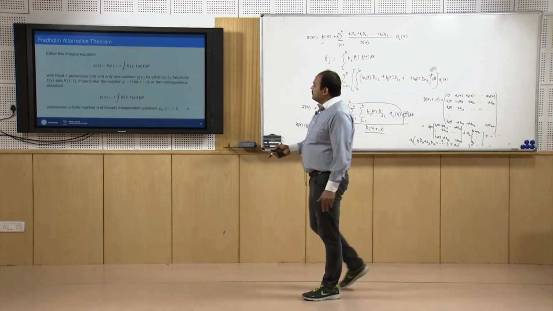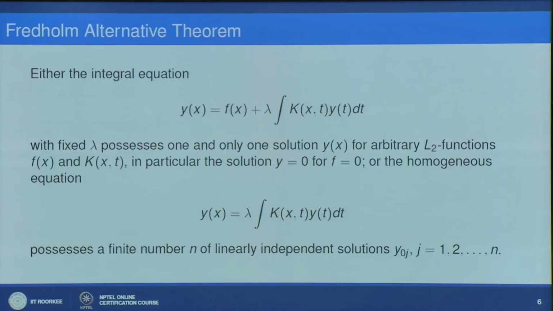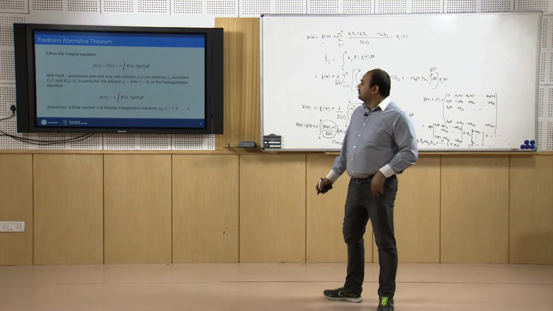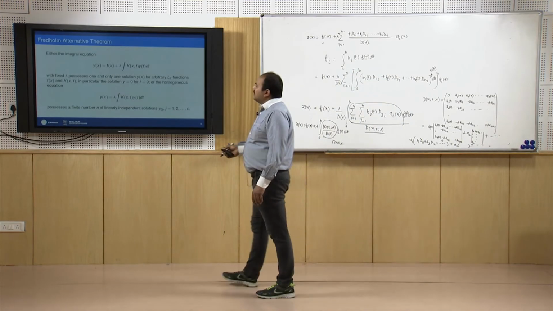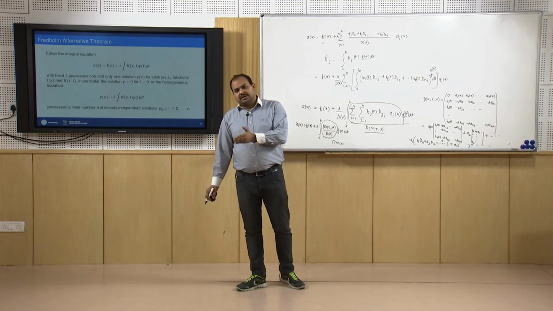Then in that particular case we may have a solution or we may not have any solution. This we have already discussed, but again I am repeating it. In this case we may have no solution or we may have infinitely many solutions.